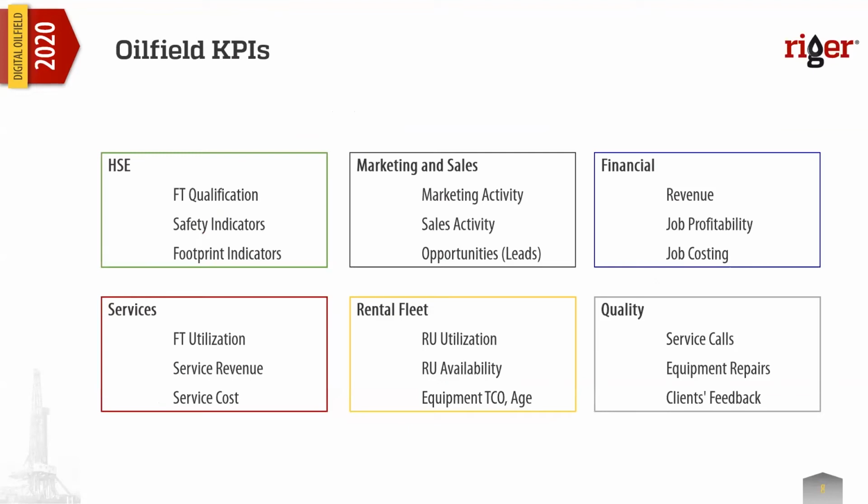For example, for marketing and sales, it could be marketing activities, sales activities, opportunities, and leads. From the HSE standpoint, the HR manager or safety manager would like to see field technician qualifications and certification expiry days, and analyze different safety indicators and footprint indicators.